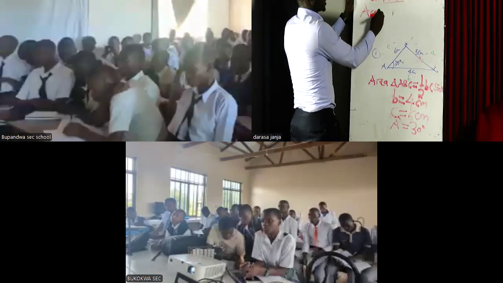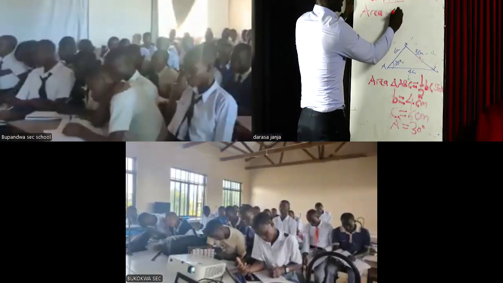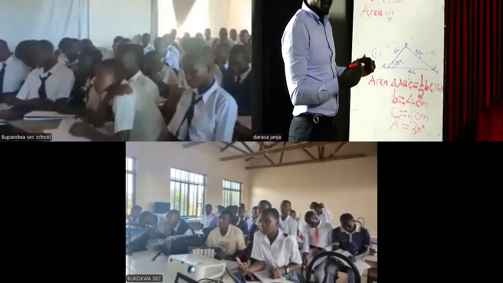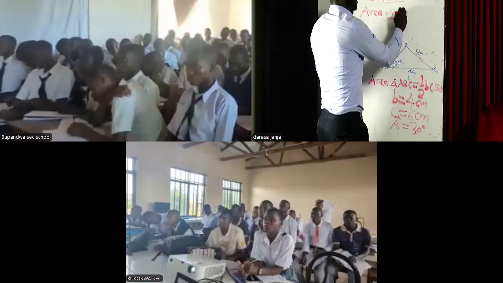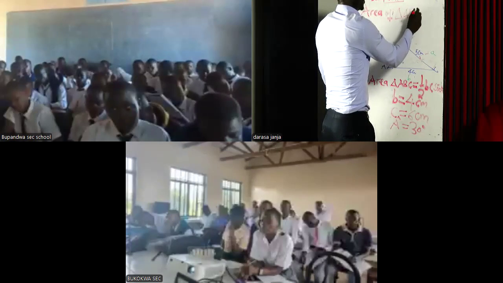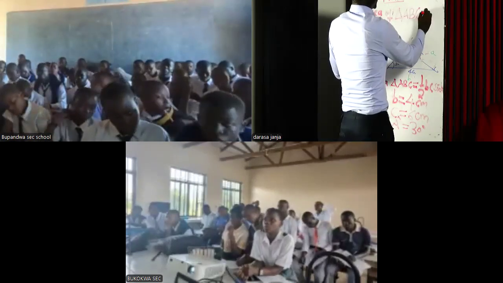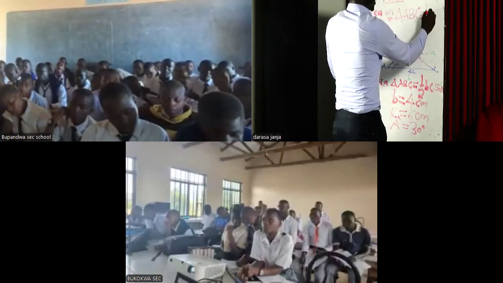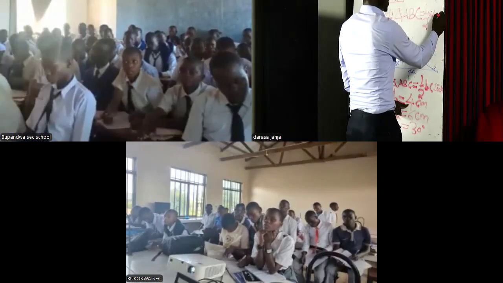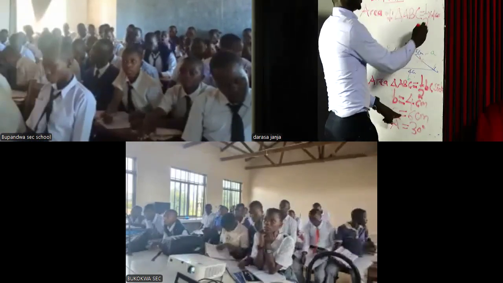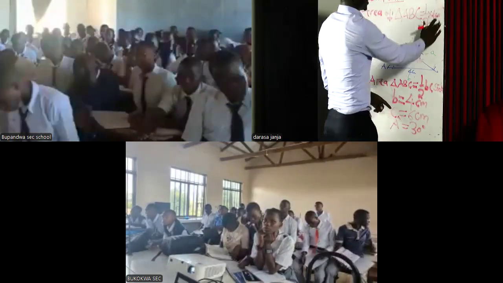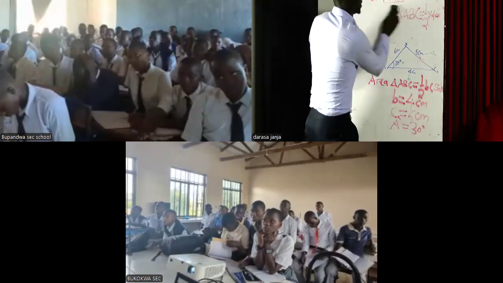Area of triangle ABC equals half times B, which is 4 centimeters, times C, which is 6 centimeters, times, let me write it again.